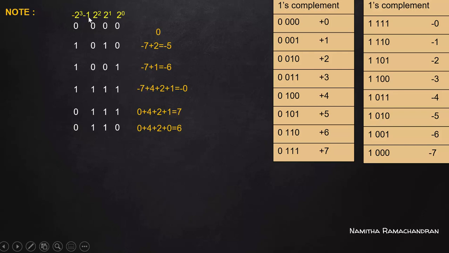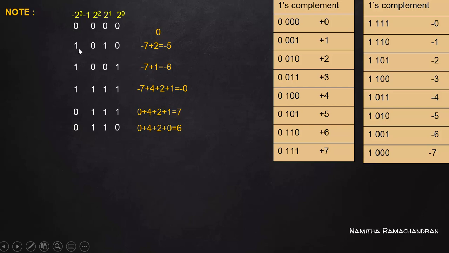Minus of 2 cube minus 1 is minus 7 actually. Here all the bits are 0. So 0 plus 0 plus 0 plus 0 is 0 itself. Here the value is actually 0. Whether it is positive 0 or negative 0 in one's complemented representation, its value is 0 only.